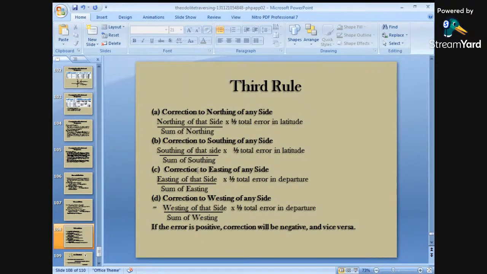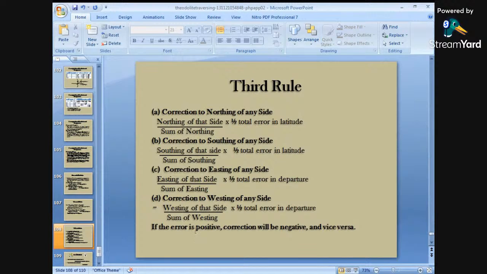Now the correction to the easting of any side is the easting of that side divided by the sum of the easting, into half the total error in your departure. After that, the correction in the westing of any side is the westing of that side divided by the sum of the westing, into half the total error in your departure. So these are the four formulas which are used in the third rule.